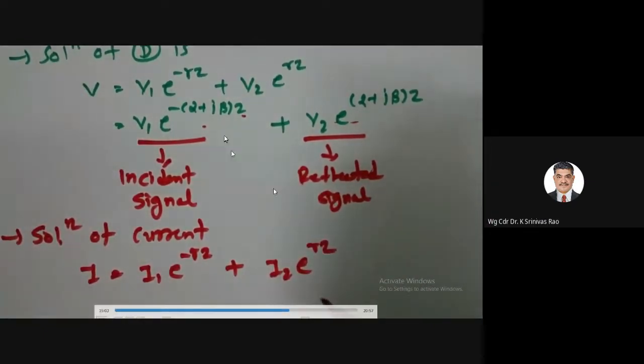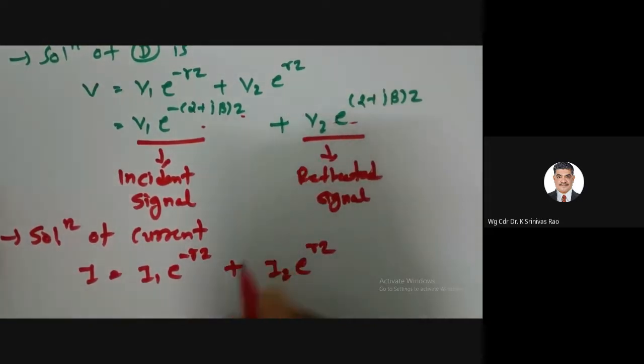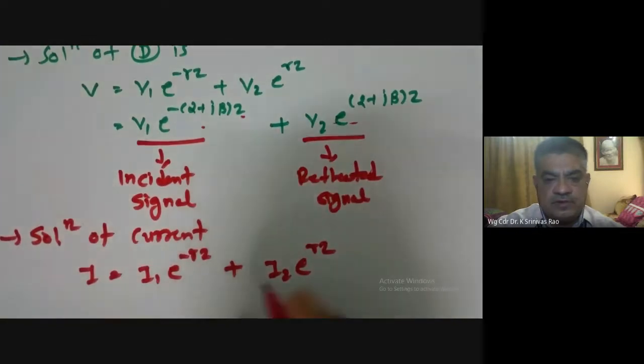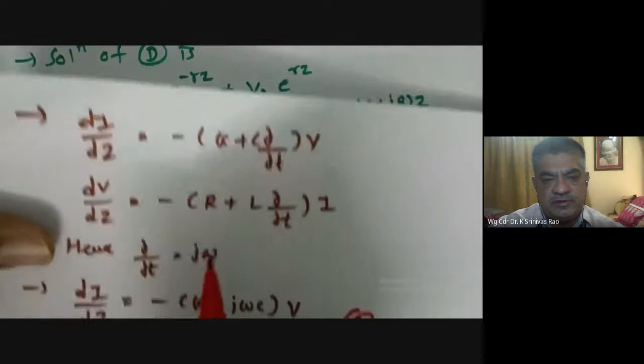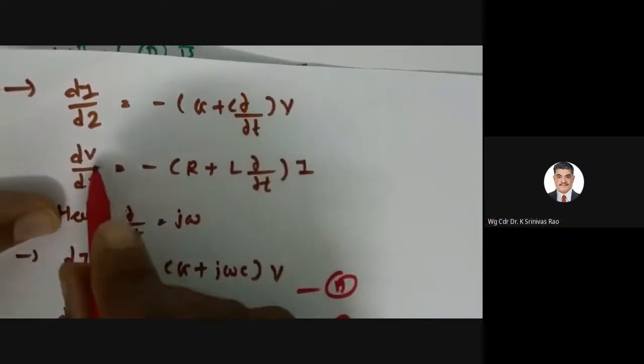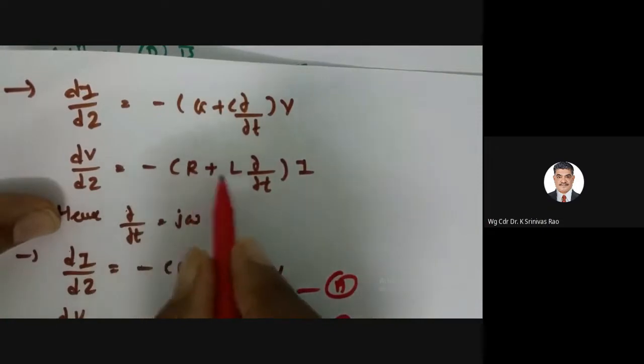Similarly, to understand the characteristic impedance values and all, we have to get these current equations, and here we can compare with the current equation, that is I is equal to dv by dz into 1 over (r plus j omega l).